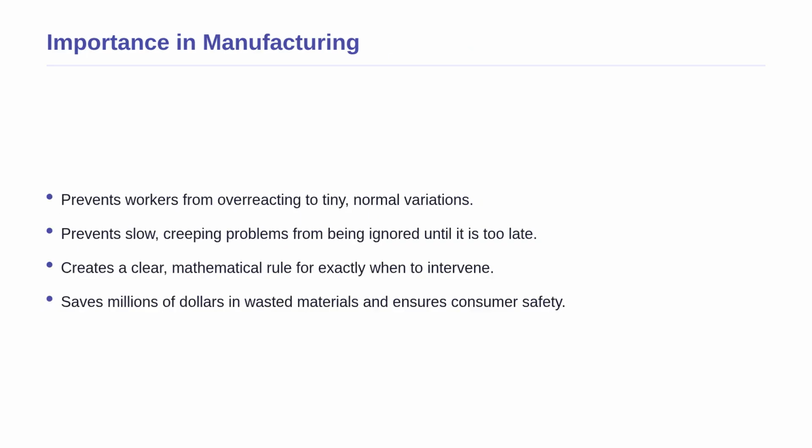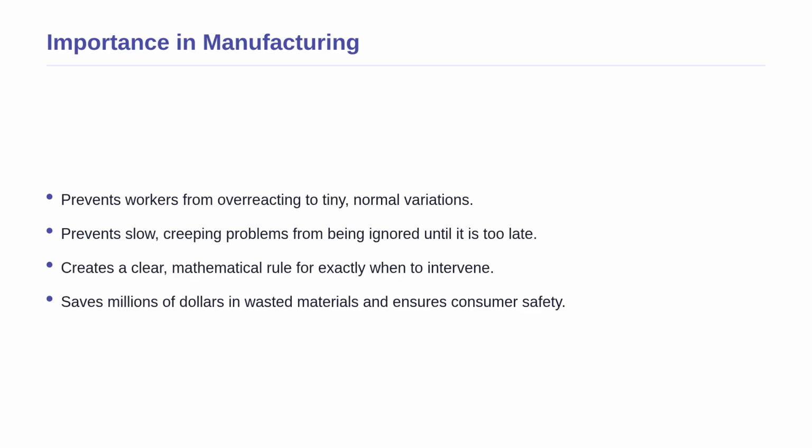Having seen the math in action, let us discuss why this matters so much in the real world. The 3 sigma control chart is a foundational tool in modern manufacturing. Without it, factory workers would constantly overreact to tiny, normal variations, tweaking machines unnecessarily and actually causing more defects.